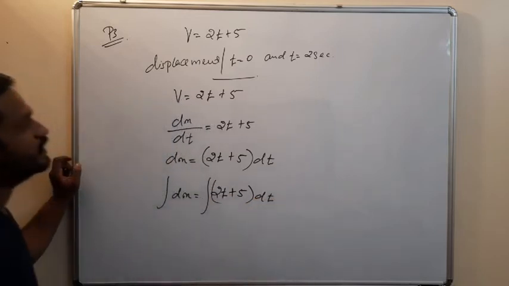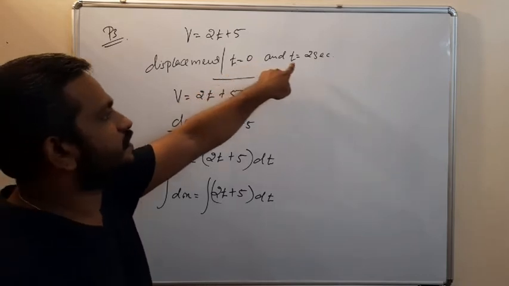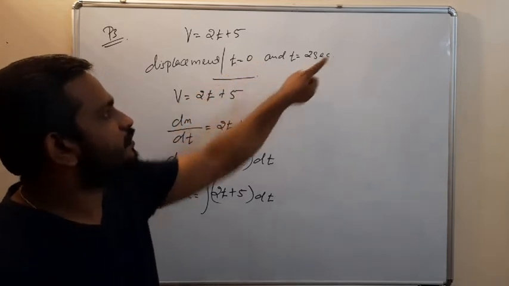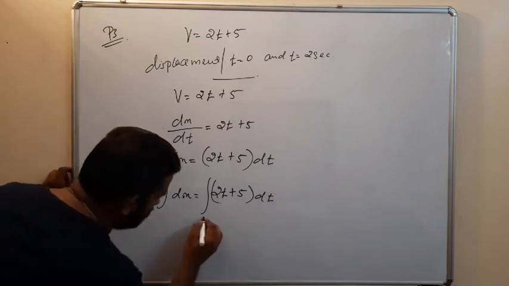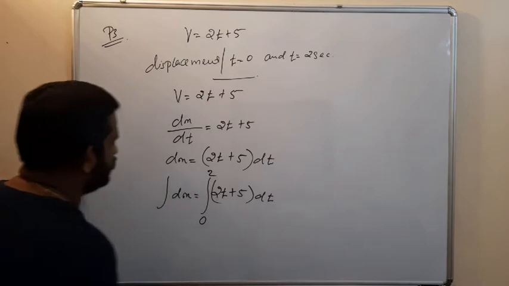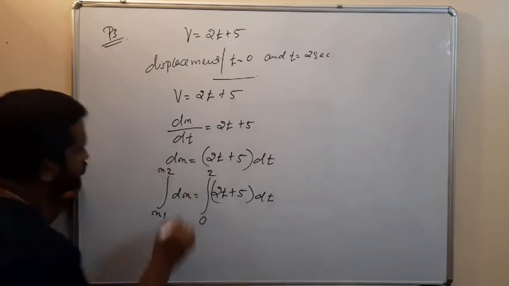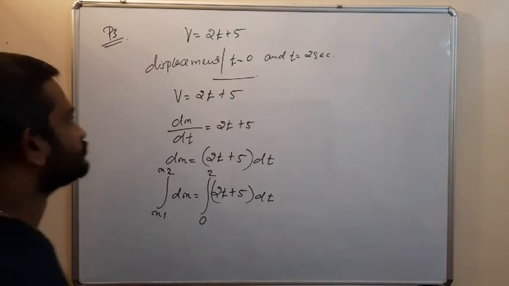So we have to find the displacement at t is equal to 0 and t is equal to 2 seconds. So the lower limit is 0. Time varies from 0 to 2, so that the x varies from x1 to x2.